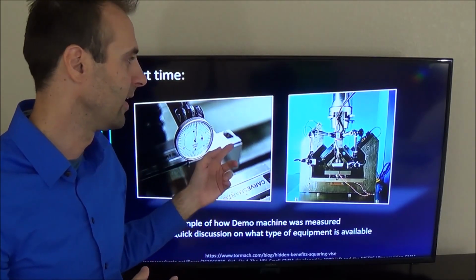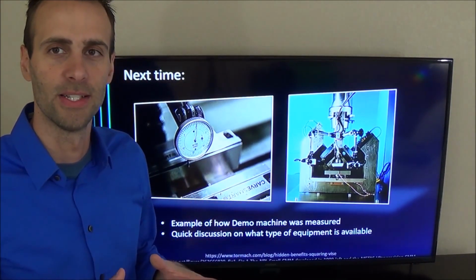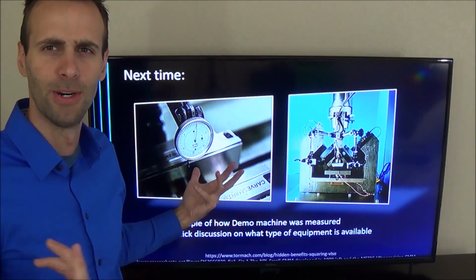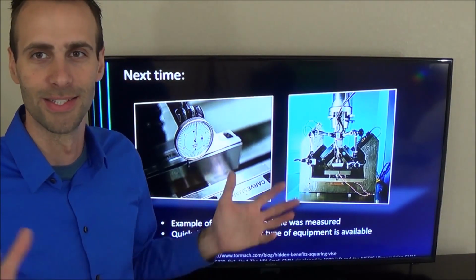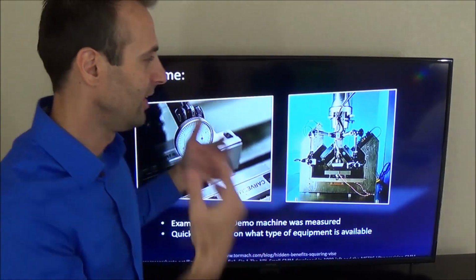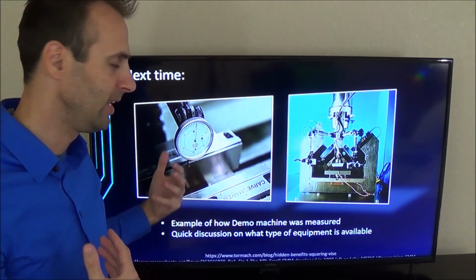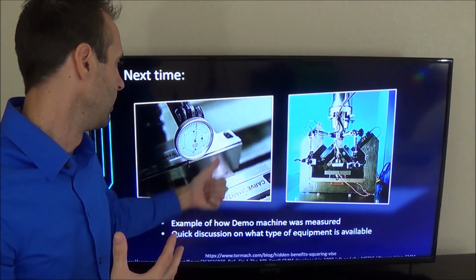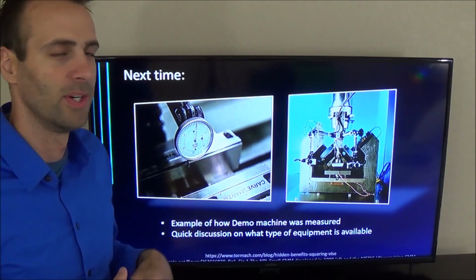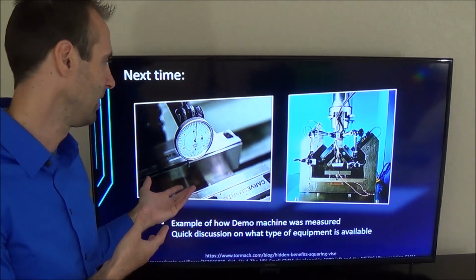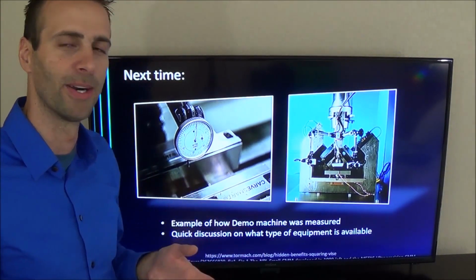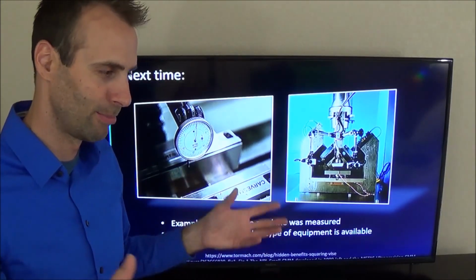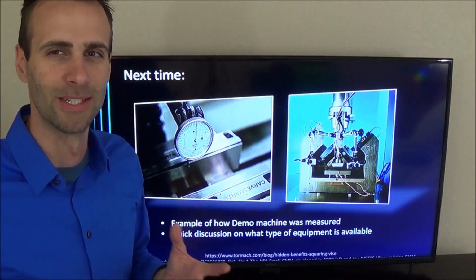It all depends on what level of accuracy you're trying to achieve. Obviously you're not going to correct a diamond turning machine with this dial gauge, right? You're just not going to do it. But in this example, it doesn't mean anything to me because the machine doesn't do anything, but this dial gauge, reading to a 10,000th or something, is much more accurate than any part that you're going to need to make for any kind of steam engine or car part or anything that the hobbyists would ever want to make.